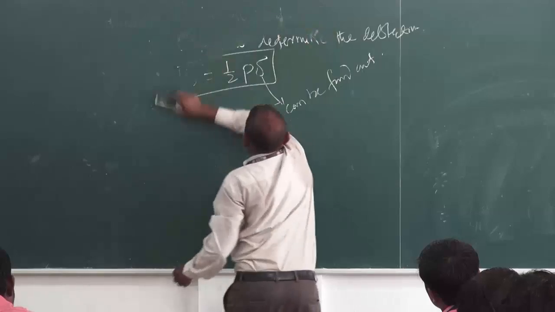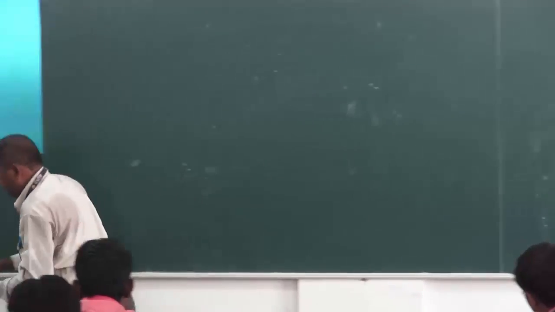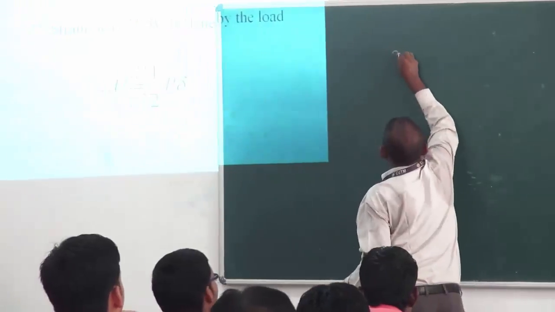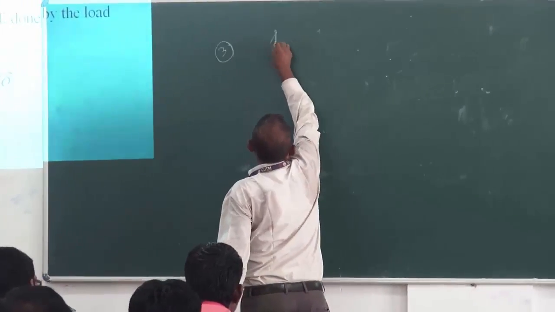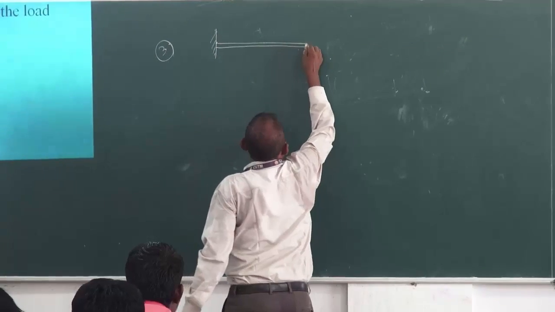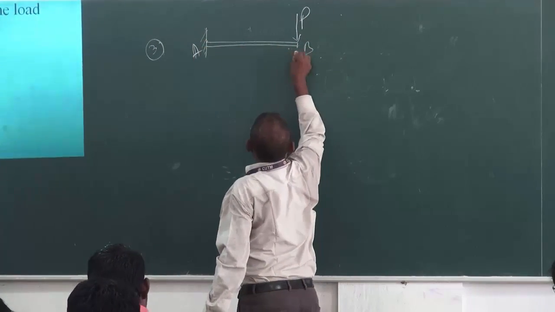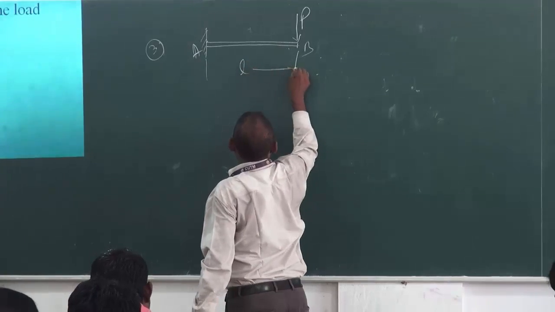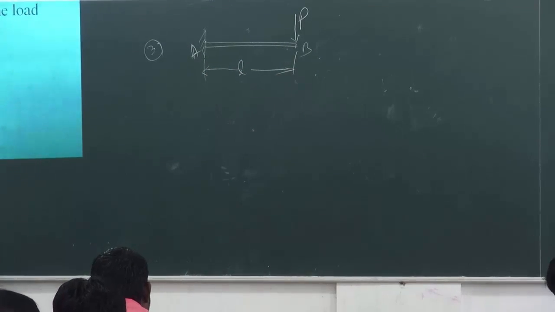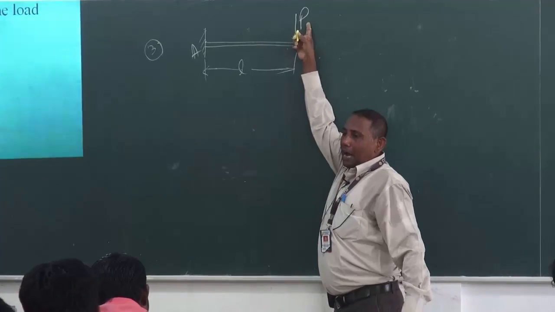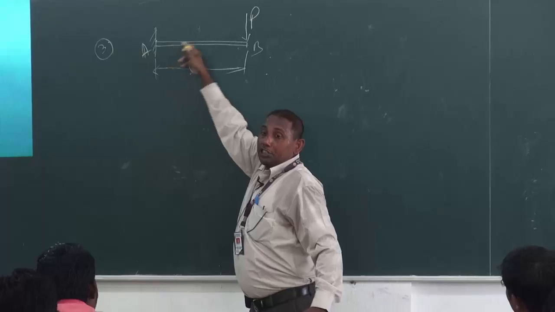So now let us take a numerical problem here. Problem number 3. Suppose this is a cantilever beam and this is the load P. Its span is L. As the external load is applied at the free end, the beam will now deflect from the original straight position.